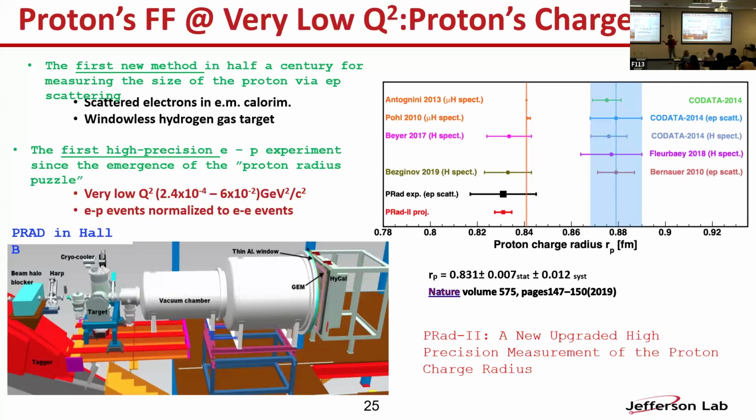So the puzzle is still open, and in two to three years from now we plan to run a second, upgraded version, PRAD 2, to reduce the error significantly and give more information. So we measure the proton form factor at very low Q square, and we get information about the proton charge radius.